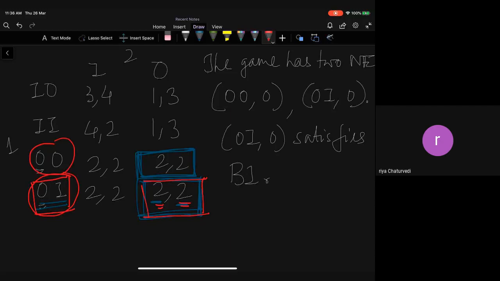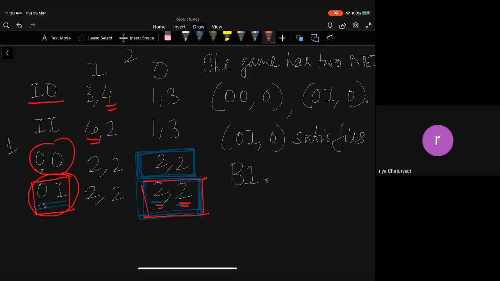But Professor, what about IO and I, 3 and 4? Yeah, let's check that. Suppose 1 chooses IO, then 2's best response is I. But if 2 chooses I, 1 would like to choose II, right?